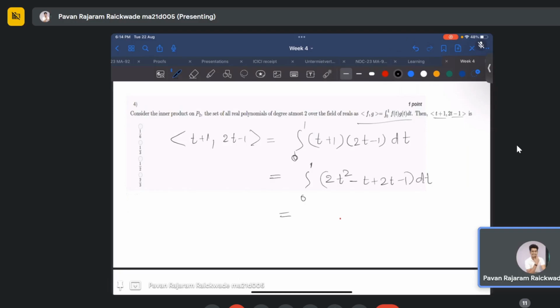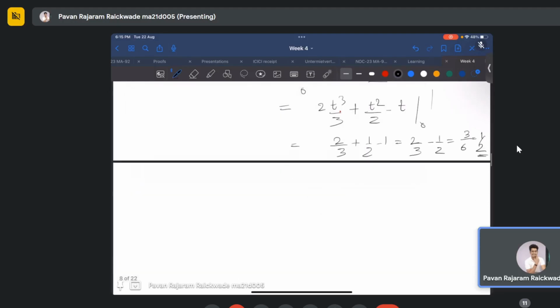The integral is 2t cubed by 3, plus t, and the integral of that is t squared by 2 minus t. So 2 by 3 plus 1 by 2 minus 1. The answer is 1 by 2, option number C. So this was just a basic calculation, nothing else.